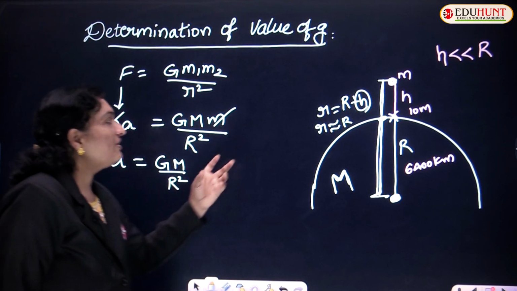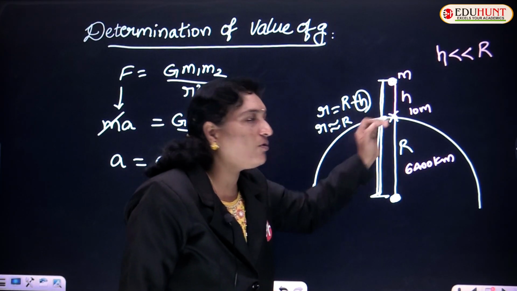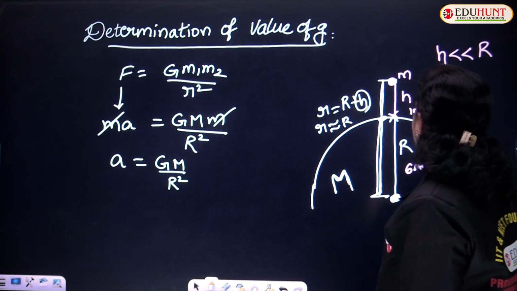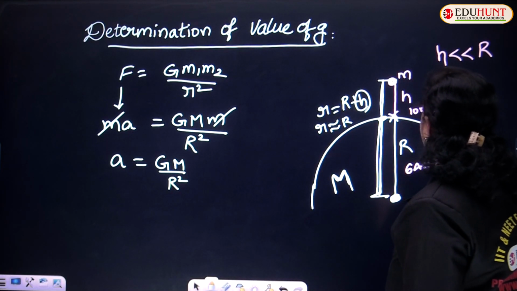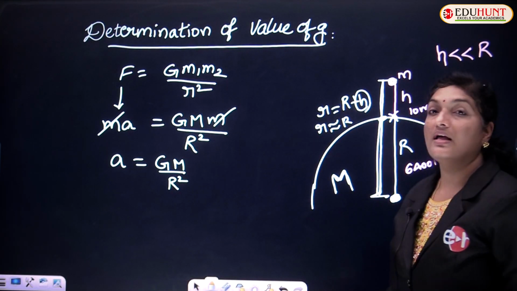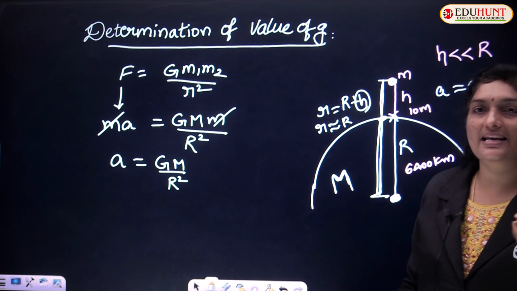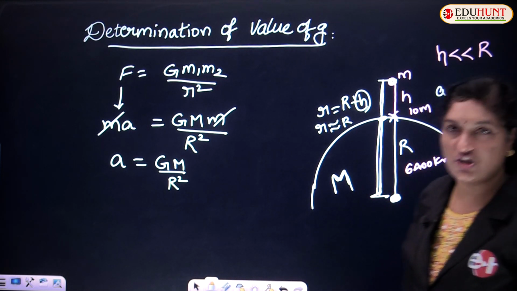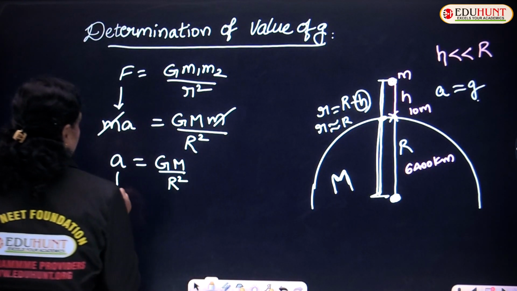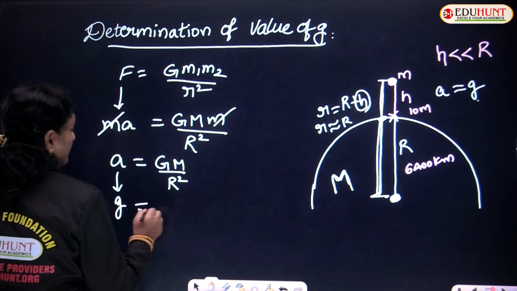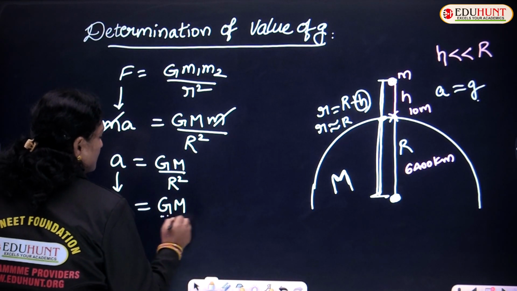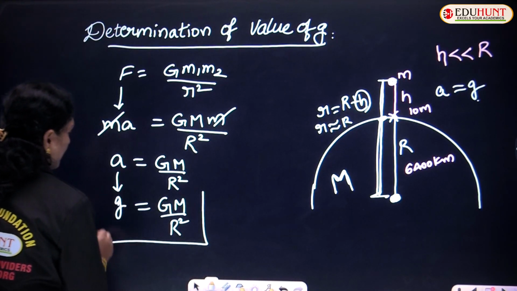But with what acceleration is the body falling down? The acceleration with which the body falls down is due to the force of gravity, and hence it is taken as acceleration due to gravity, indicated with the letter g. Hence the value of a is replaced with the letter g. Therefore the value of g is equal to GM/R².